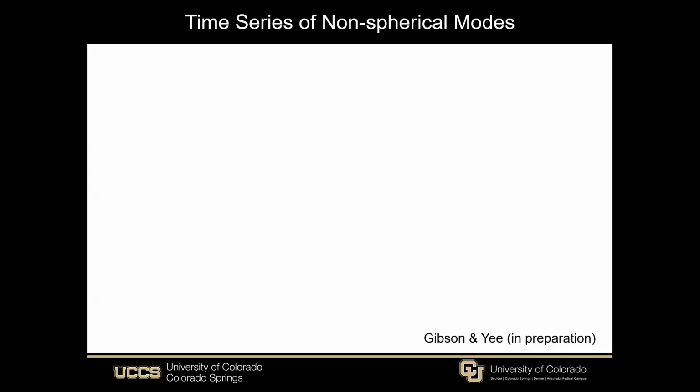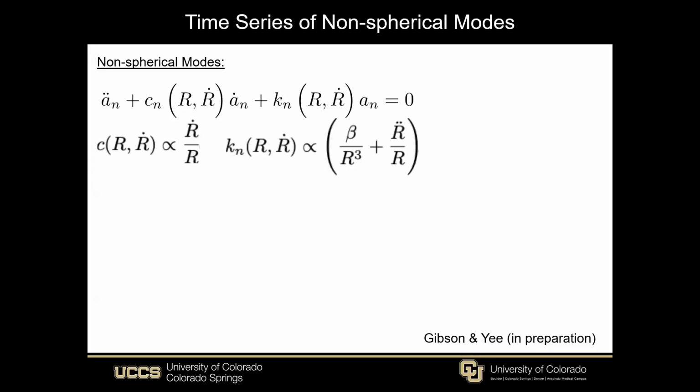And then if you look at the non-spherical modes, the A's, and how they behave. One thing I want to point out, I didn't show you before, is that this damping term is proportional to the radial velocity divided by radius, and the stiffness term is proportional to the inverse. Okay, not important here, but this term is more important. It's kind of weird, this model, and I don't like it, but we're going to move away from it and do coding soon.